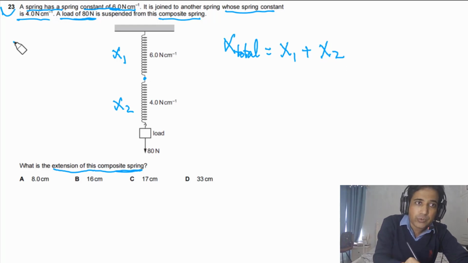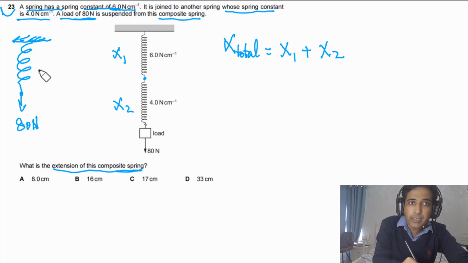You can also treat these two springs individually. Imagine we have spring 1, and the force on this spring is 80 newtons and its spring constant is 6.0 newtons per centimeter. The second spring we can also treat separately.